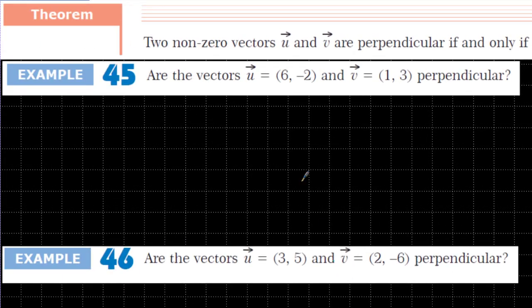So here is a proof of the formula. If two vectors are perpendicular to each other, the dot product should be equal to 0.